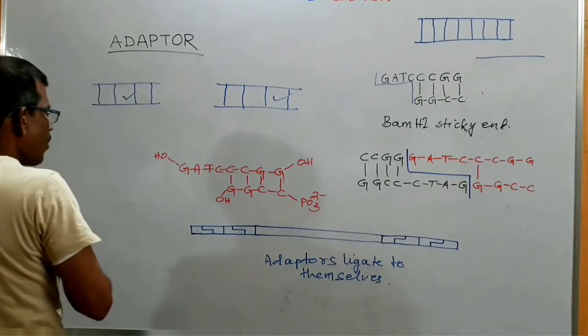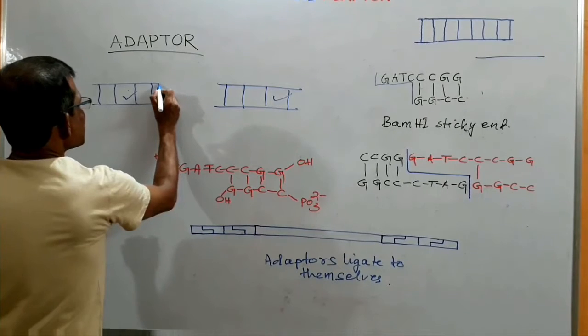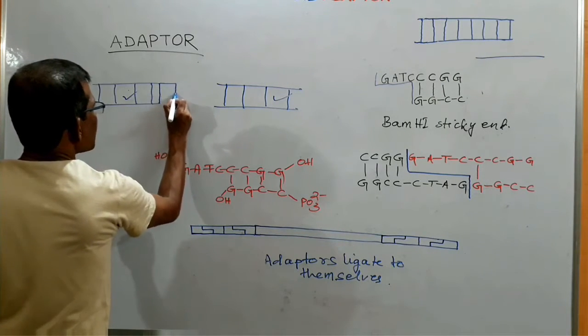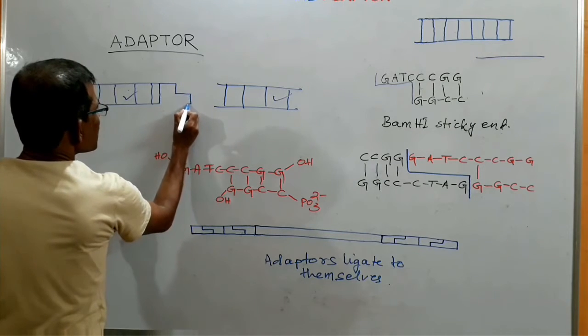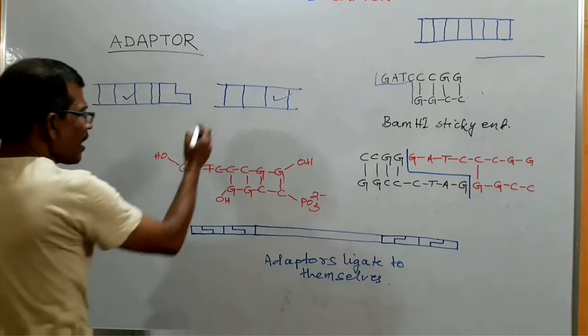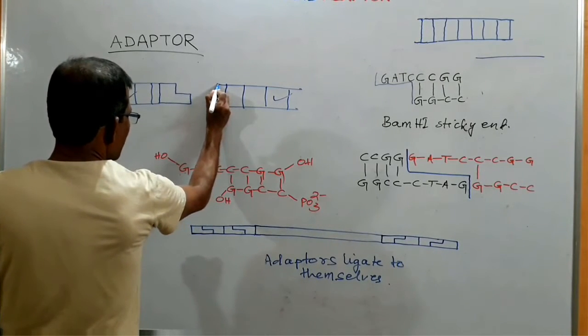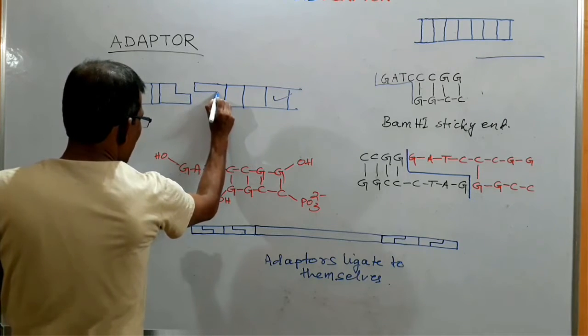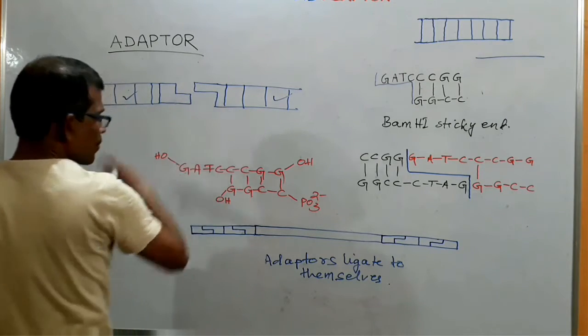First of all, we have to ligate these two DNA fragments with a specific adapter which is having a sticky or cohesive end on one side. Similarly, ligate this DNA fragment also by using the enzyme DNA ligase with the same adapter.